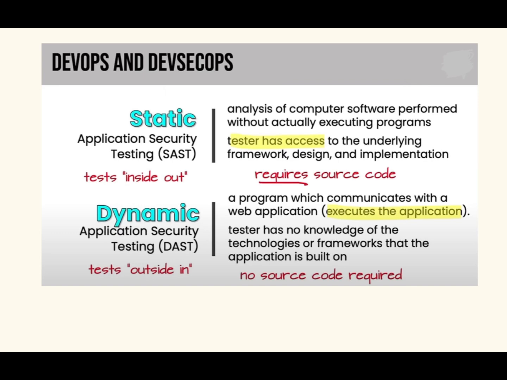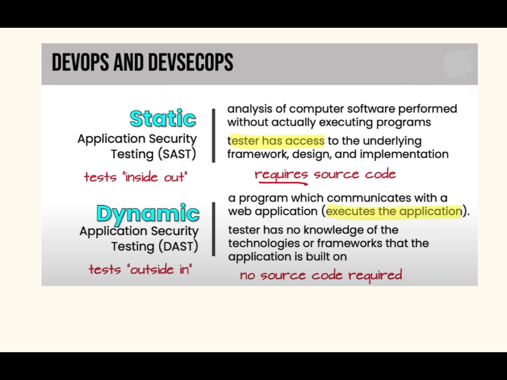For example, a developer writes a login feature, and SAST can catch if the password is stored in plain text, or if input is not sanitized, hello SQL injection. Why is it good? It catches vulnerabilities early, during development, so a developer can fix things before the app goes live. It requires access to the source code, a deep look into app internals.